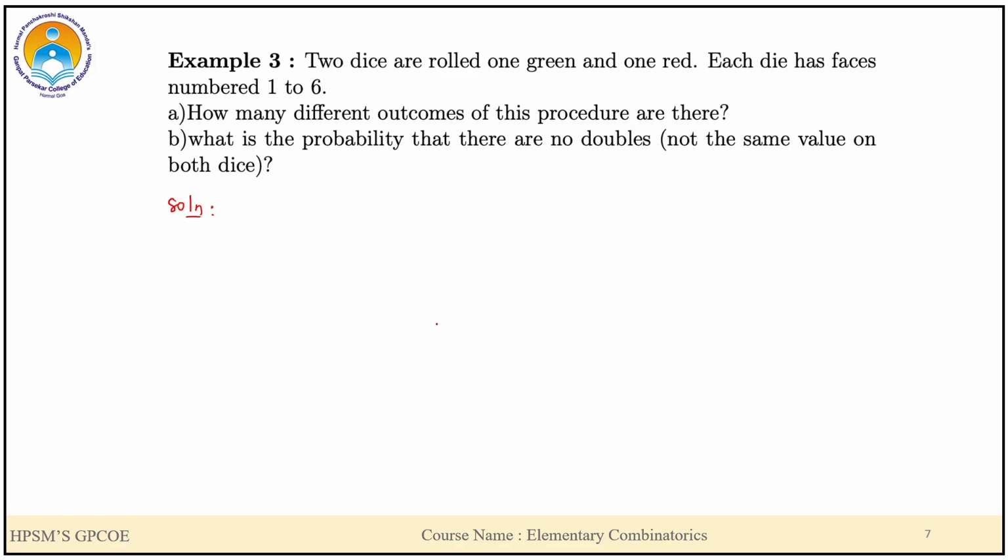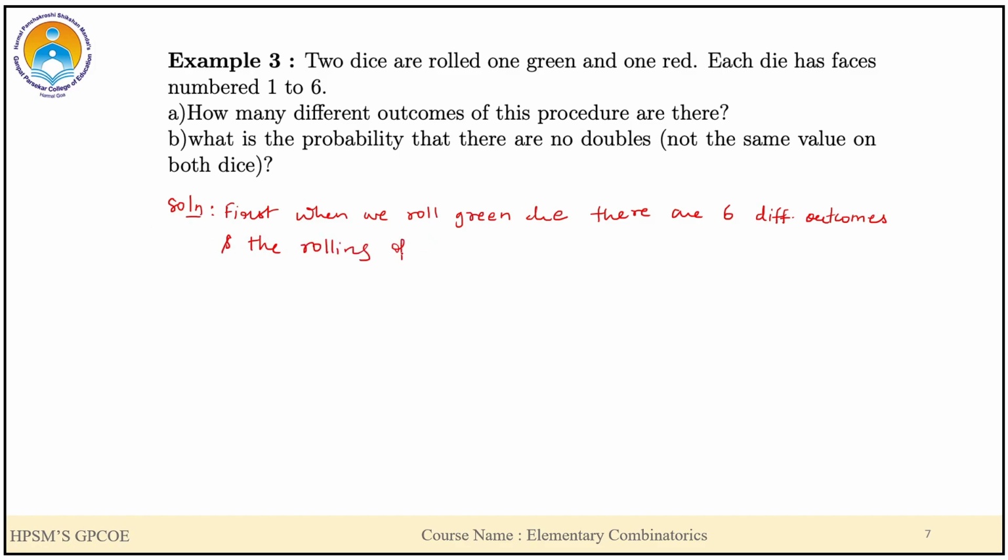Now when we first roll the green die, there are 6 different outcomes, and the rolling of a red die again will give 6 different outcomes.